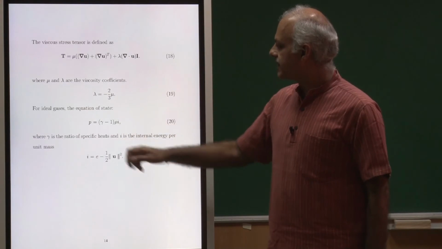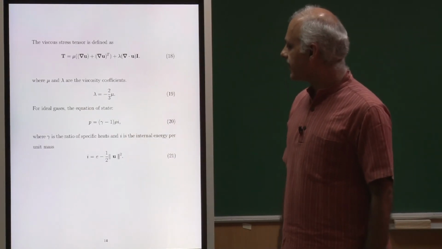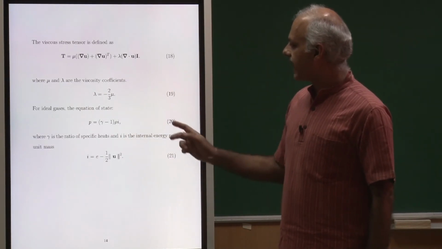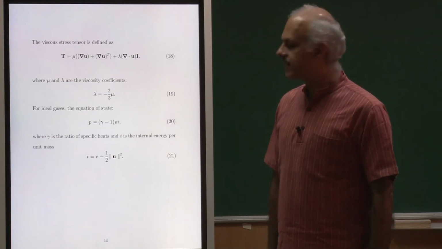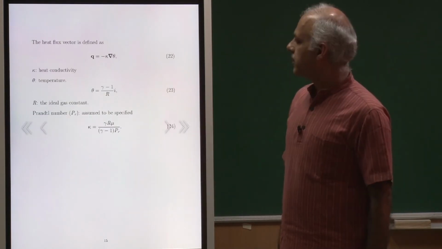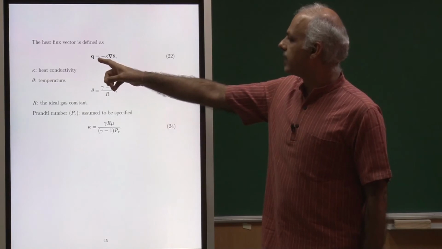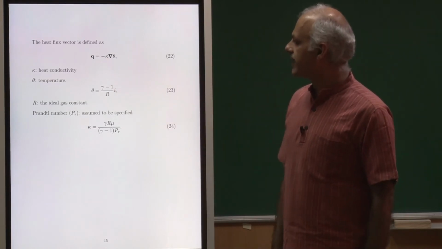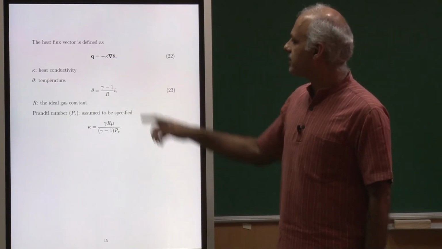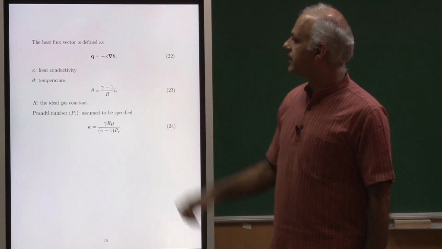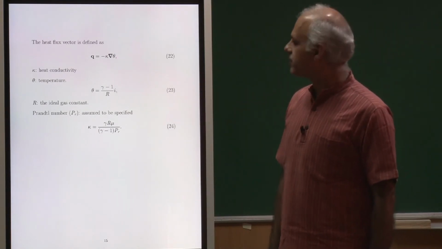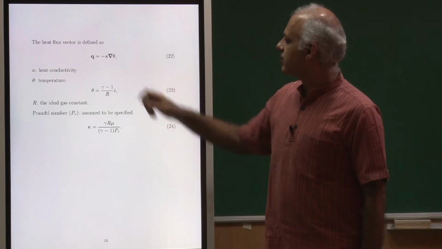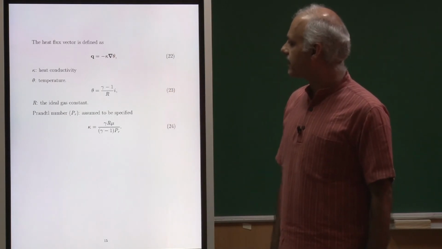I therefore is the internal energy, and in the next slide we will show you how that is related to the temperature field. We are going to use Q, the heat flux vector, by Fourier's law in terms of the gradient of the temperature field and the coefficient of heat conductivity.